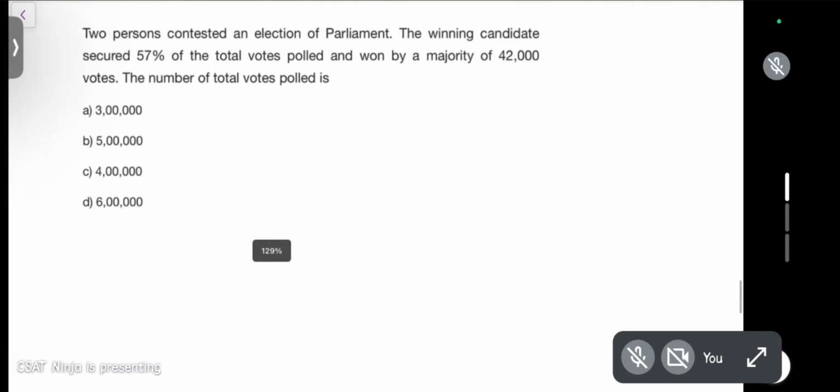Here the question is this: a candidate contested in an election of parliament. The winning candidate secured 57% of the total votes polled and won by a majority of 42,000 votes. So in this case, there's no condition to do this question.